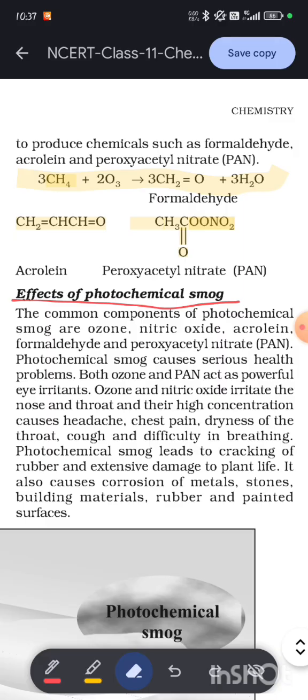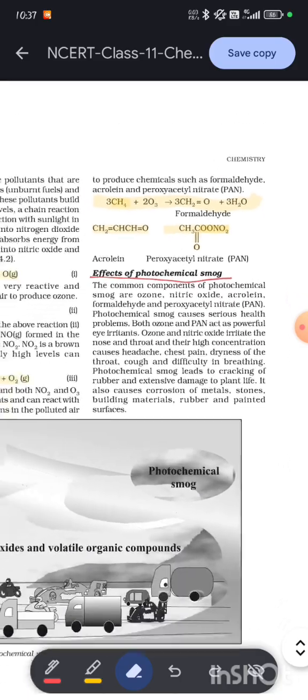Ozone and nitric oxide irritate the nose and throat, and their high concentration causes headache, chest pain, dryness of the throat, cough, and difficulty in breathing. Photochemical smog leads to cracking of rubber and extensive damage to plant life. It also causes corrosion of metals, stones, building materials, rubbers, and painted surfaces.